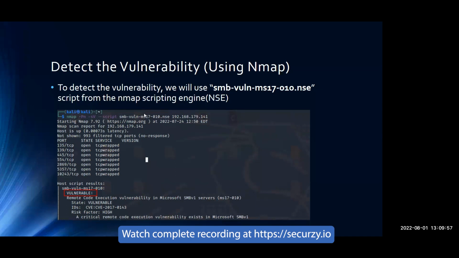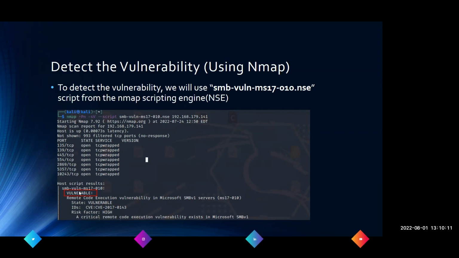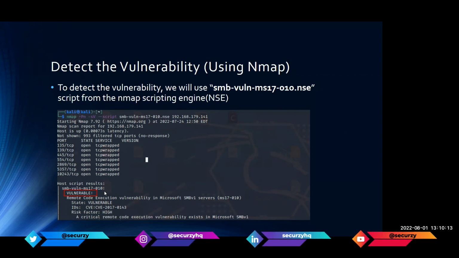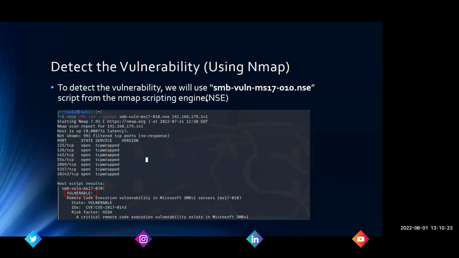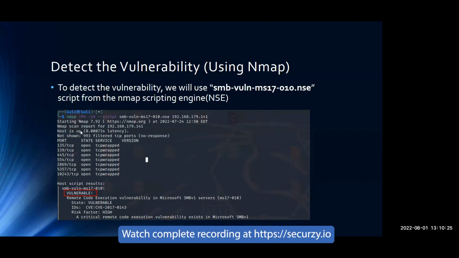That is an nmap script to detect whether a machine running SMB is vulnerable to EternalBlue or not. In the screenshot you can see a red mark, so you can see the machine is vulnerable. We can detect whether a machine is vulnerable to EternalBlue using this nmap script.